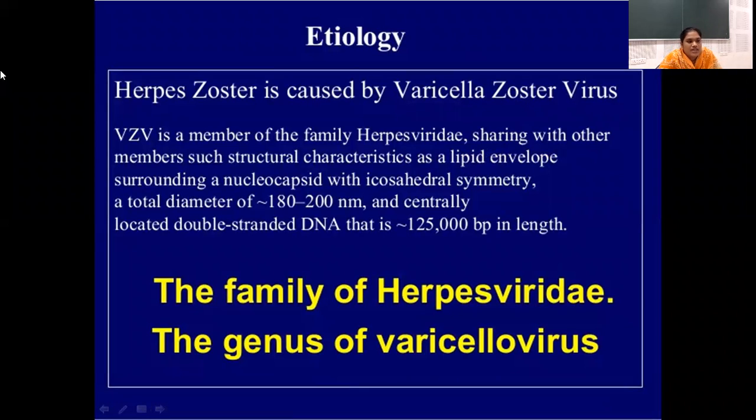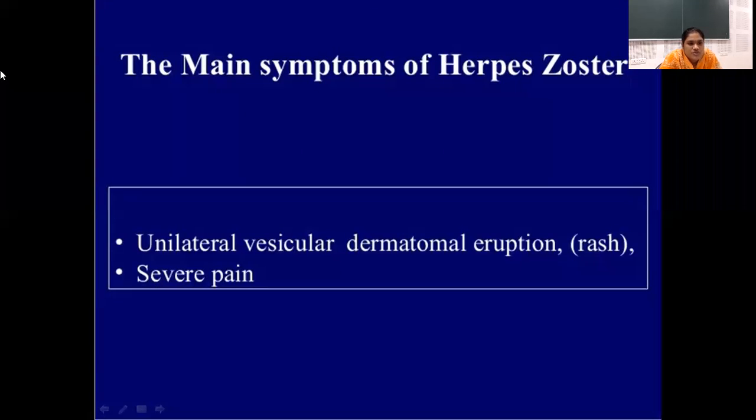Then herpes zoster is also caused by varicella zoster virus, as we already read. The main symptoms of herpes zoster are unilateral vesicular dermatomal eruptions, a rash, and severe pain.